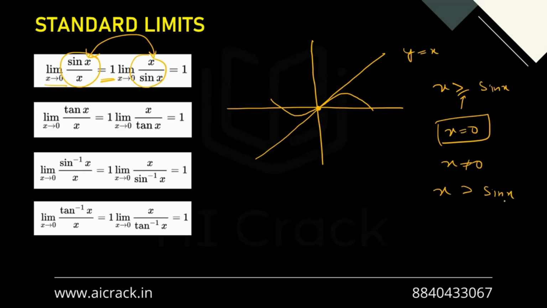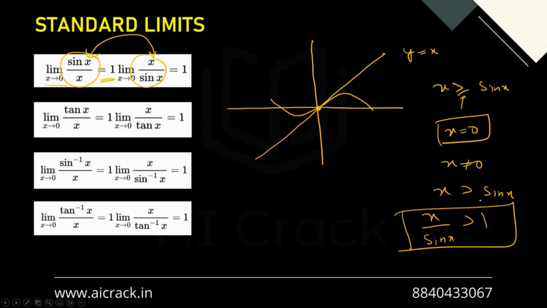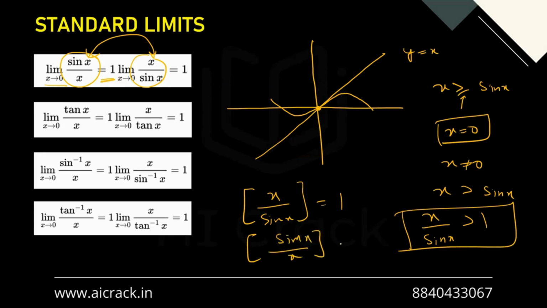Now when x is greater than sin x, x by sin x would be greater than 1. It is safe to say that, right? Now if we take the GIF function of x by sin x, that would be 1. But if we take sin x by x, the GIF of that would be 0 because this is lesser than 1. Although it's closer to 1, it is still lesser than 1.